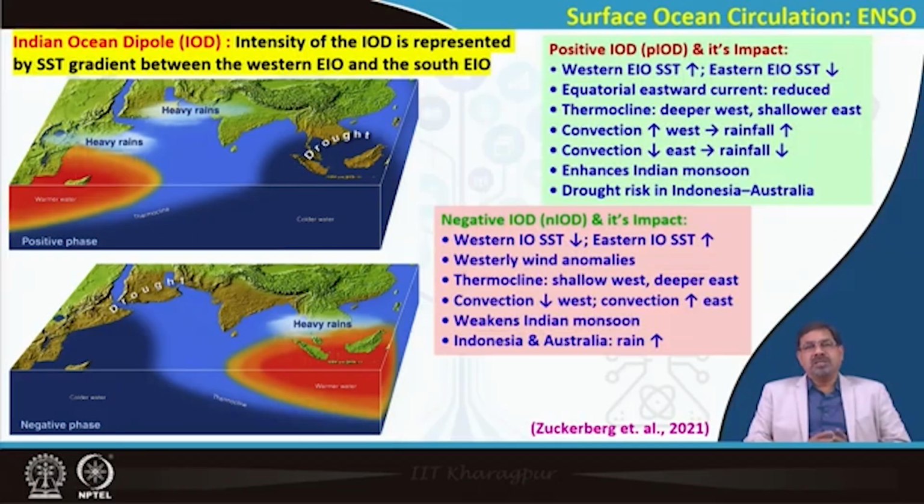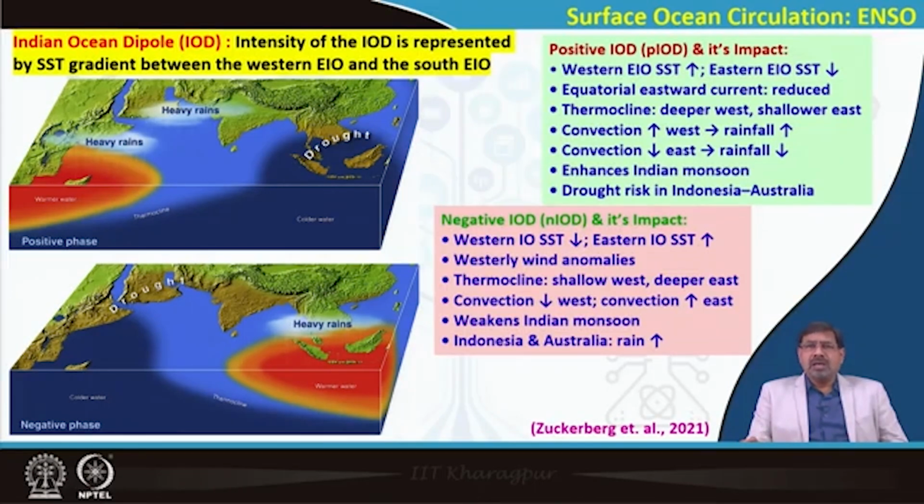So, let us try to understand it in terms of the positive and the negative IODs, abbreviated as PIOD and NIOD, P for positive and N for negative as indicated, and their impacts. When the western Indian Ocean SST rises or warms, the eastern SST behaves in contrast to that of the western.